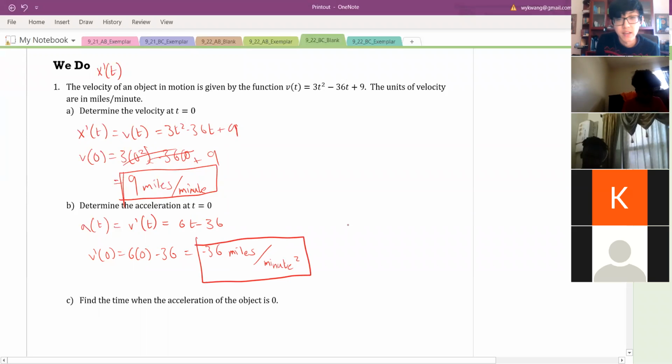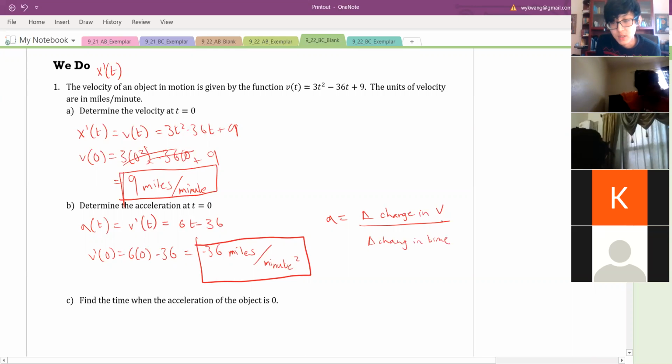But in a way it is taking velocity over time again, because acceleration is basically the change in velocity over change in time, right? That's what we looked at before.